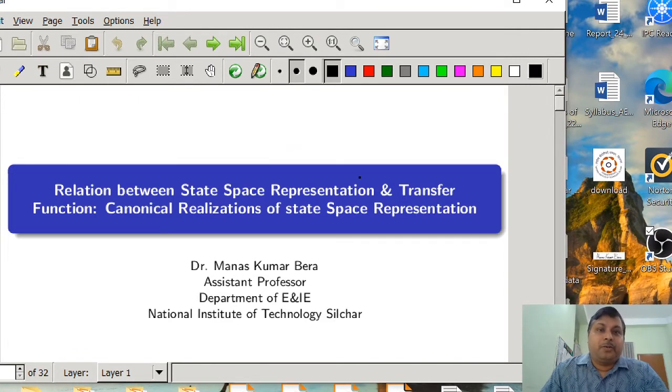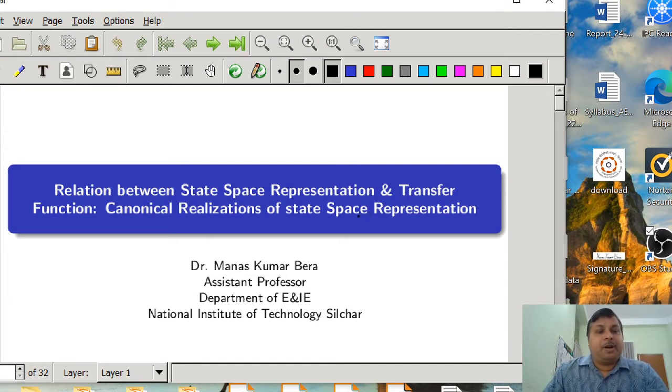So today we are going to discuss the relation between state space representation and transfer function, that is, canonical realizations of state space representation. Last lecture we discussed that if a state space representation is given, then how we will find the transfer function from that.